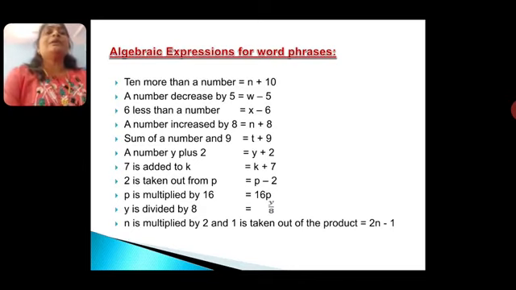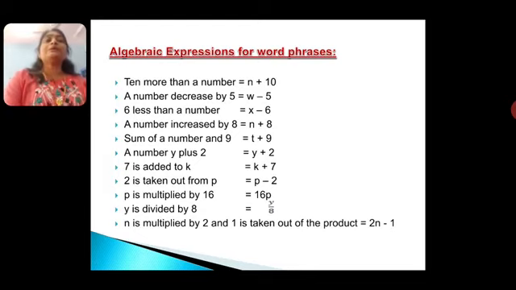If we use variable n for the number, our algebraic expression is n plus 8, because increase means addition. Next, the sum of a number and 9. Using t for the number, the algebraic expression is t plus 9.